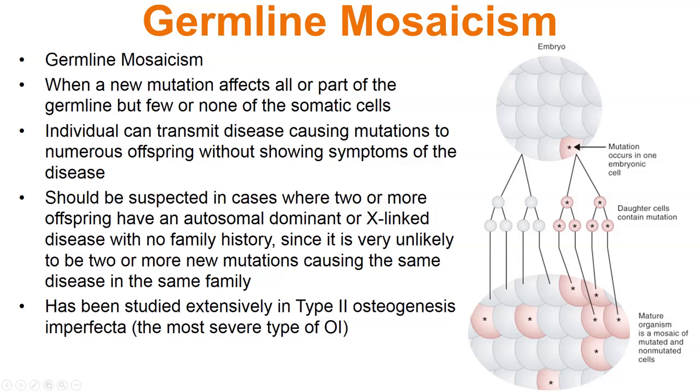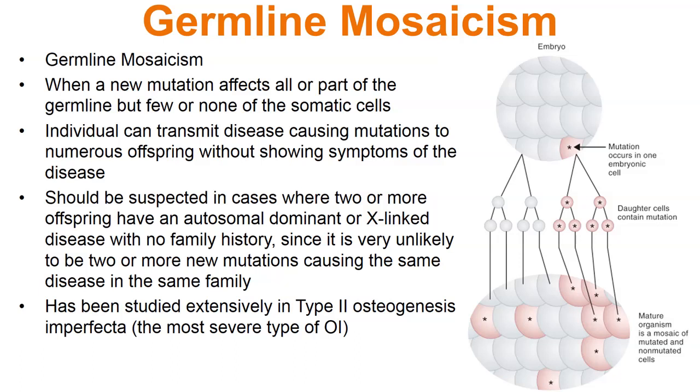Okay, the next is germline mosaicism. All genetic diseases start with a new mutation somewhere. Occasionally, you can have a new mutation that affects all or part of the germline, but it's not affecting enough of the somatic tissue to show symptoms.